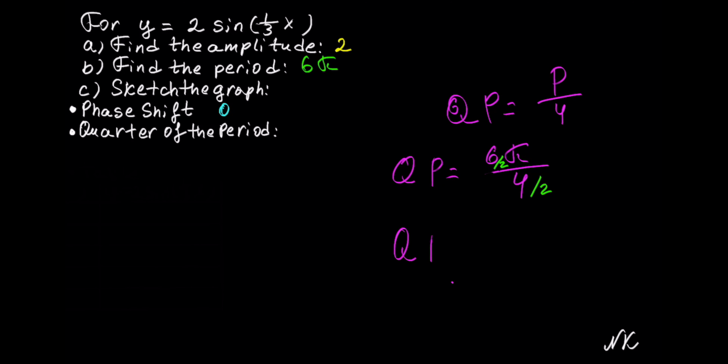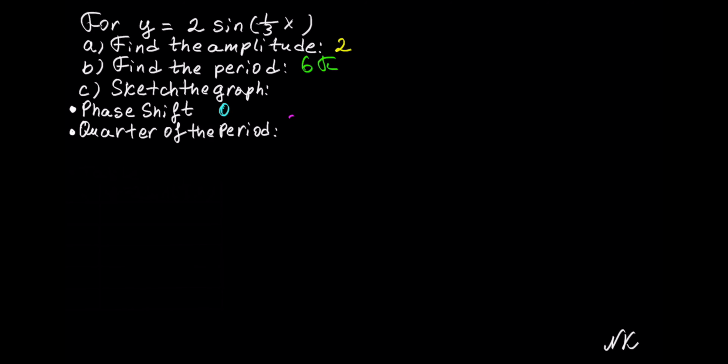And we get that a quarter of the period is equal to 6 divided by 2, which is 3 pi, out of 4 divided by 2, which is 2. So 3 pi out of 2 is our quarter of the period.